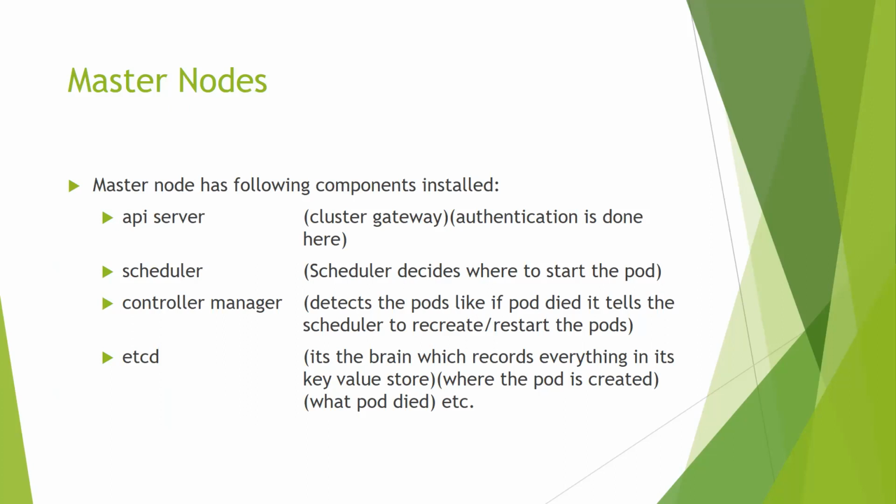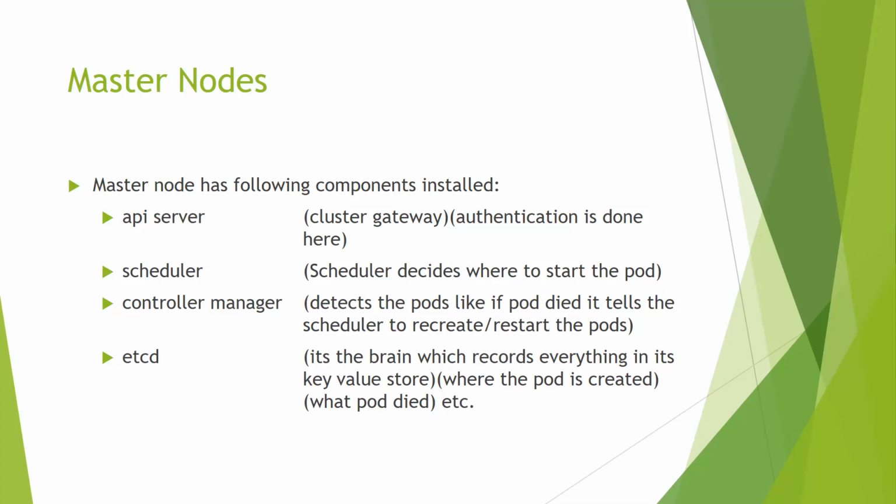It validates the syntax and authenticates. If you want to get the status of your cluster, you will do kubectl get nodes, or get pod. Every request will come to this API server, and it will forward it to the respective service by recognizing what command you have typed. This is the gatekeeper, the entry point. Everything comes through the API server.